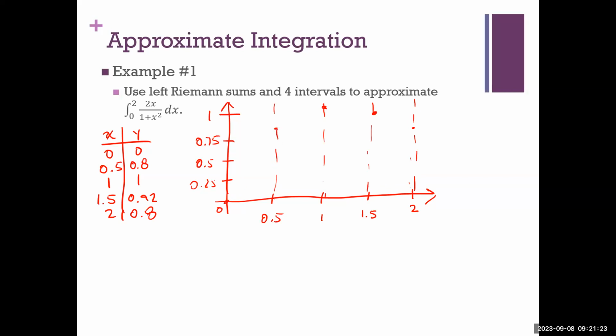So the curve looks something like this, right? We probably need more points to get a better idea, but that's our curve. And the way we're going to find the area is by finding the area of these 4 rectangles.